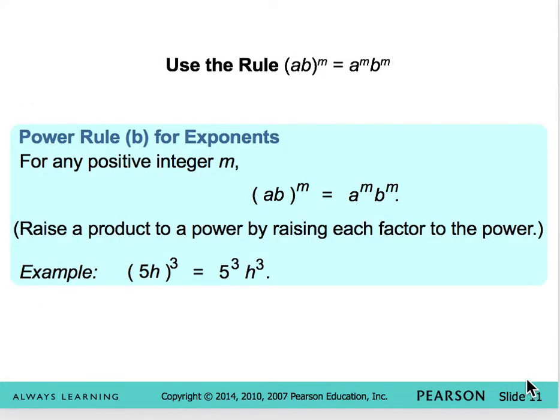Okay. So if I have an exponent on parentheses, it goes to everything in the parentheses, right? Everything in the parentheses. So the 5 will get a cubed and the h will get a cubed. Now, again, be careful. And this one, the 5 does not get the cube, right?